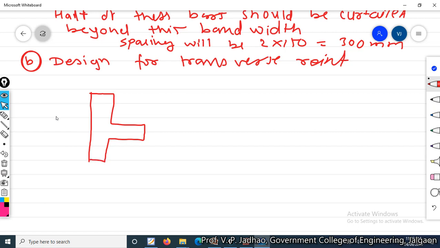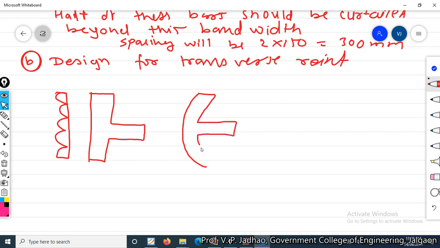Some uniform load will be acting over this, and it will bend like this in the transverse direction. So how will we design this? We will consider this as a cantilever portion resting on the column, and then design this particular footing in the transverse direction.